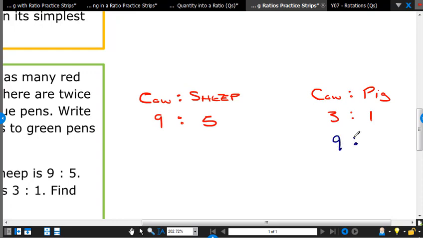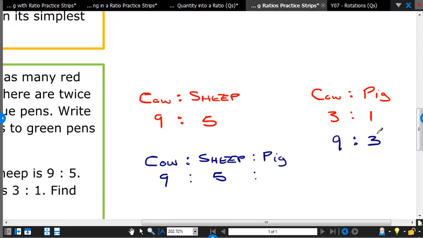Then we balance that by multiplying the pig value. So 1 times 3 is 3. So now we have 9 to 5 and 9 to 3. So we know cow to sheep to pig is 9 to 5 to 3.